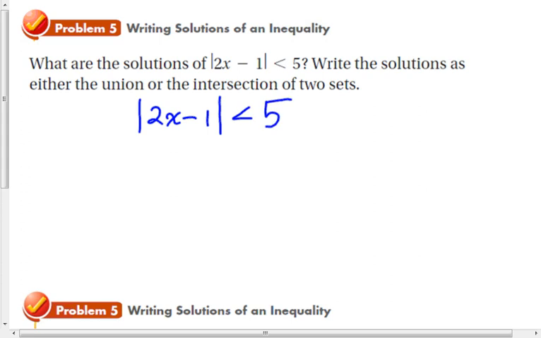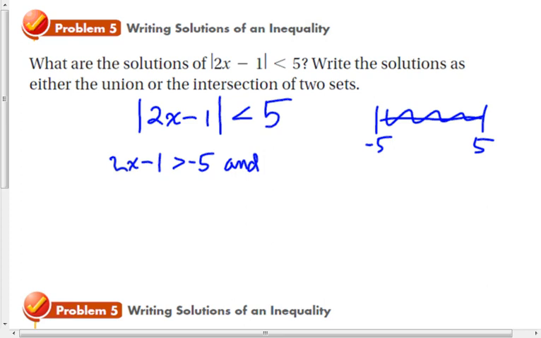We're going to be less than 5 units from 0, that means that 2x minus 1 is somewhere between -5 and 5 on a number line. All these numbers are less than 5 units from 0. So they have to be greater than -5 and at the same time less than 5.